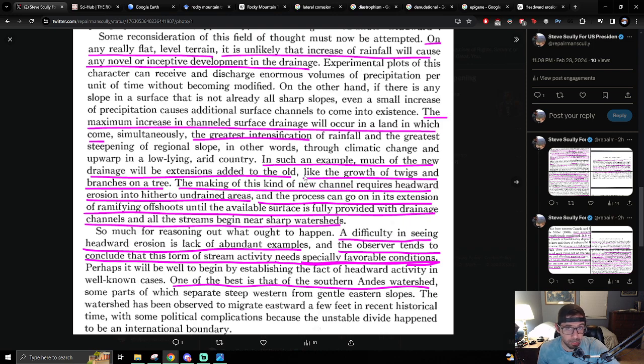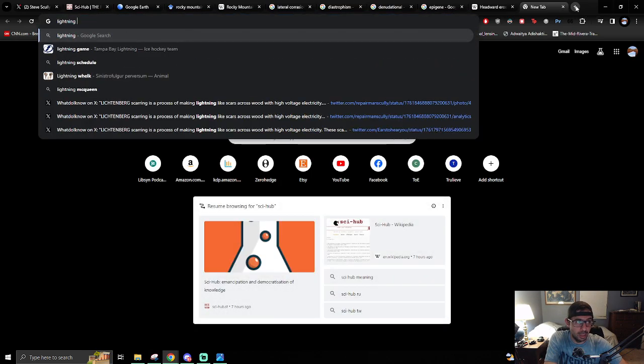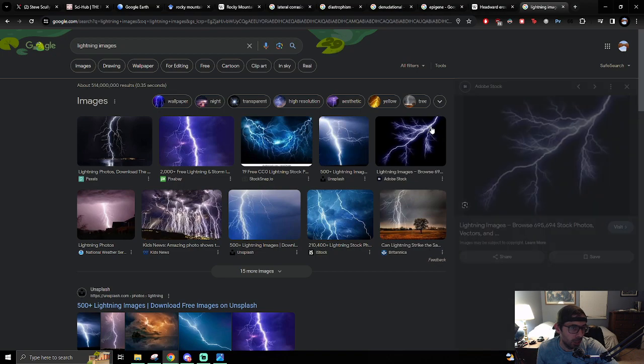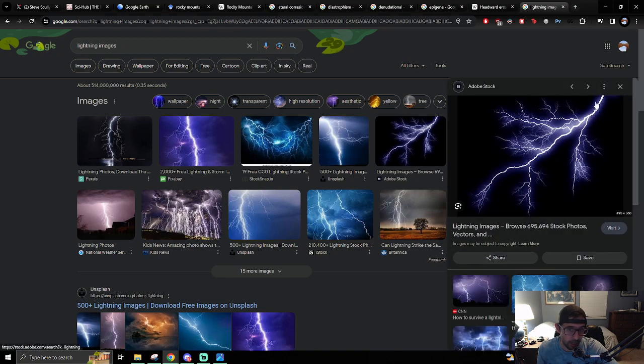Same thing goes with all types of currents, like a lightning strike. Oh, this idea where it's got a main thick conduit and then it branches.